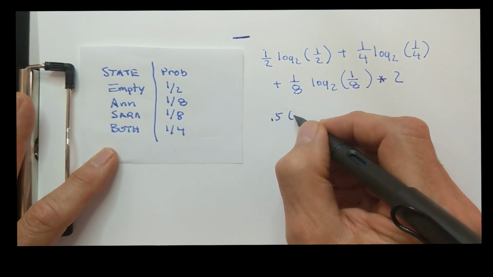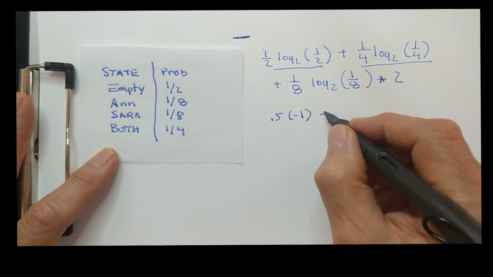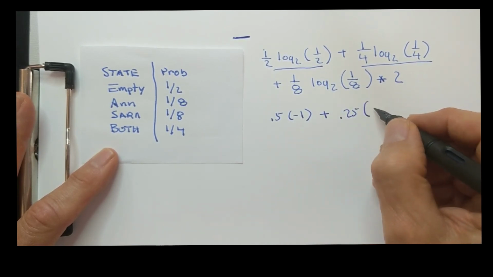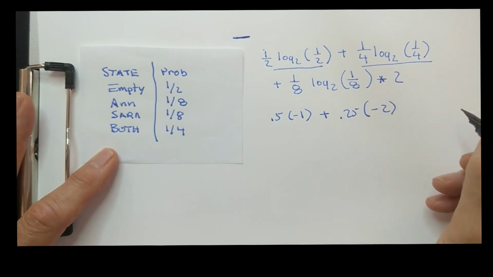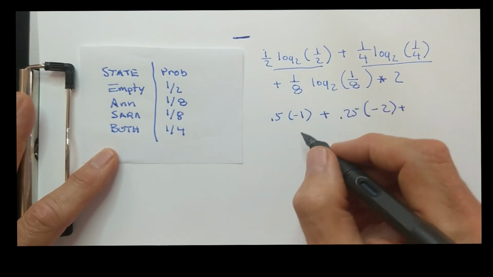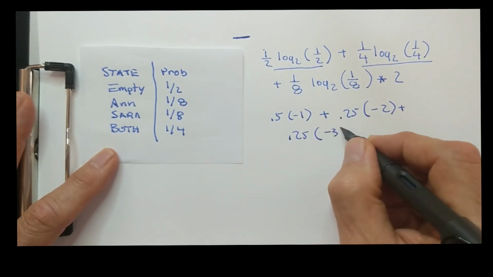So we have 0.5 times -1 for this, plus 0.25 times -2, plus 2 times 0.125, which would be another 0.25 times -3.